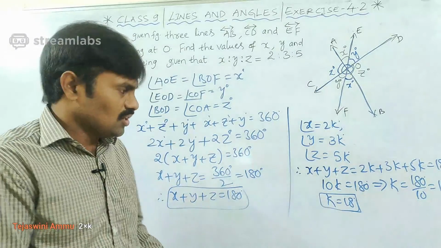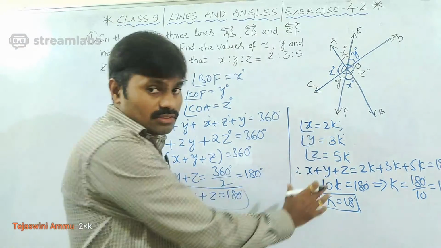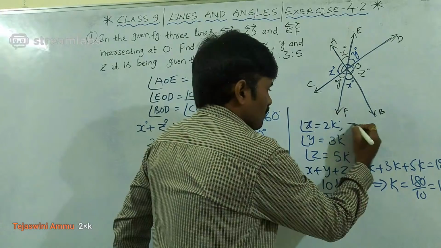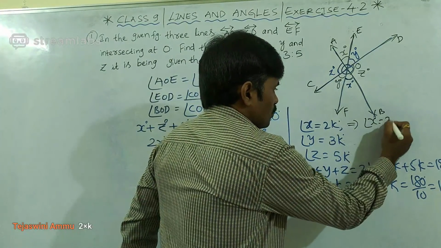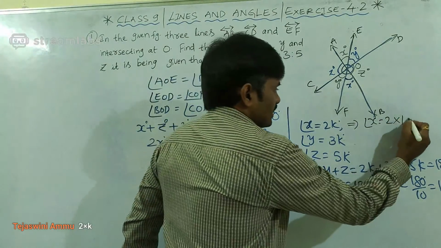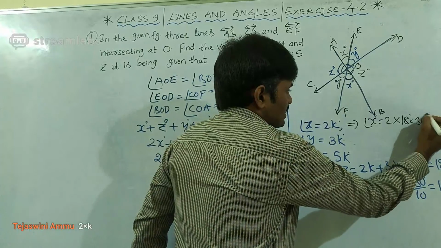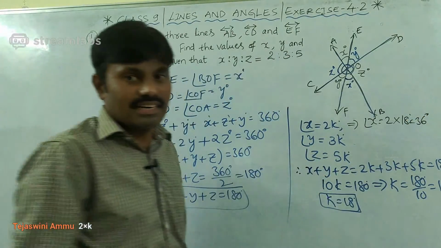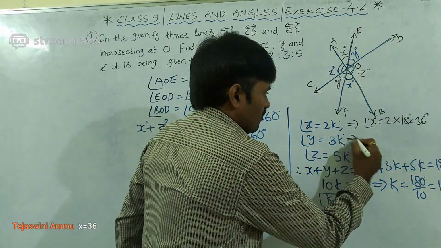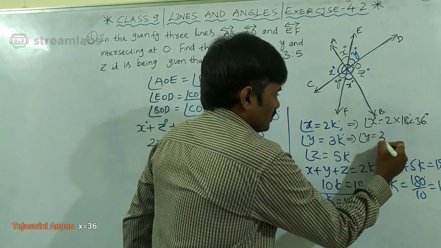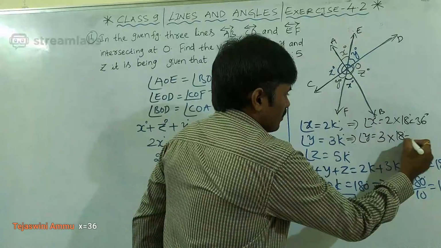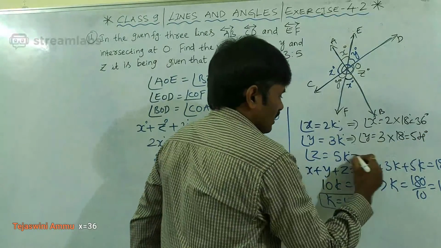I am writing directly here: angle x is equal to 2 into k value, 18 degrees, that is equal to 36 degrees. Now angle y is equal to 3 into k, 3 times 18 is 54 degrees. Clear?